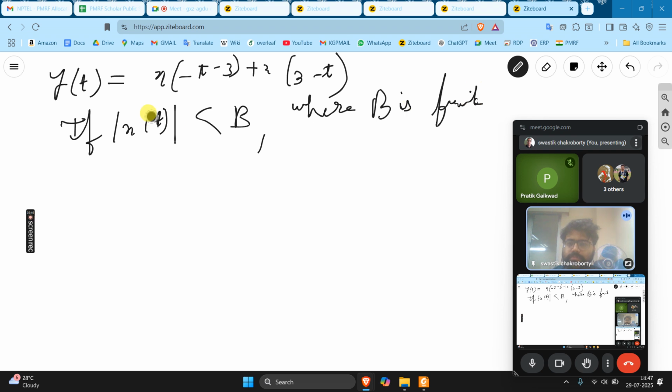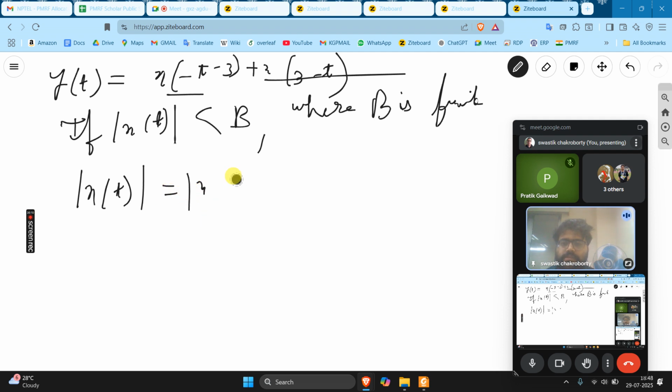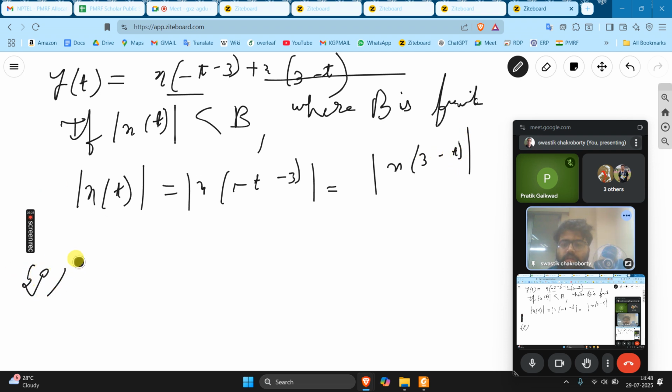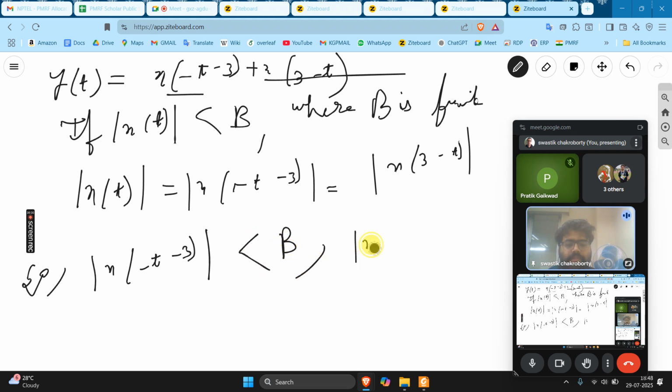now consider these two terms, this one and this one. These two are both just shifted versions of x(t). Shifting has no effect on magnitude whatsoever. So mod of x(t minus 3) and mod of x(3 minus t) are also bounded if x(t) is bounded.